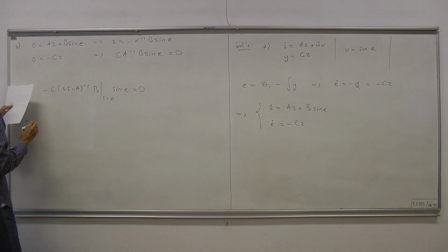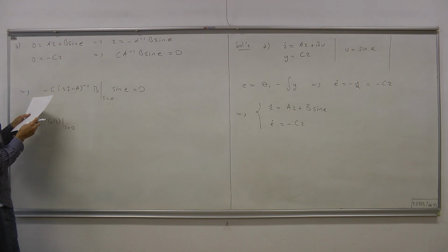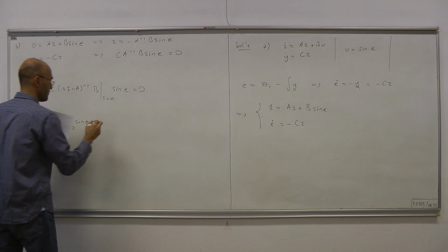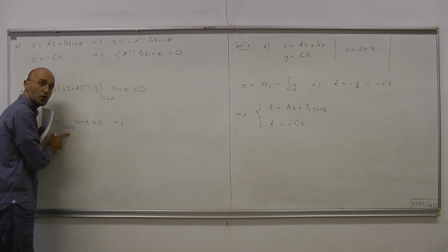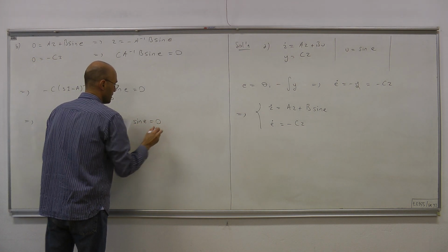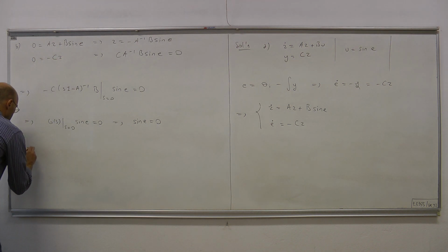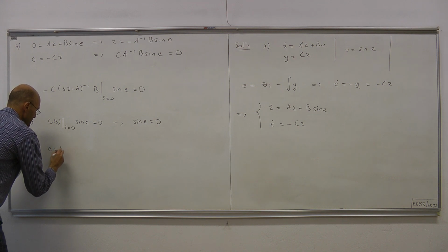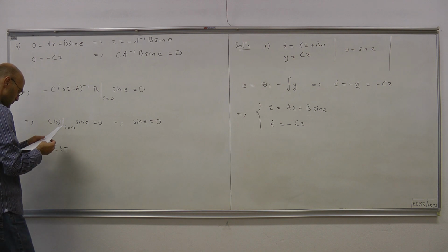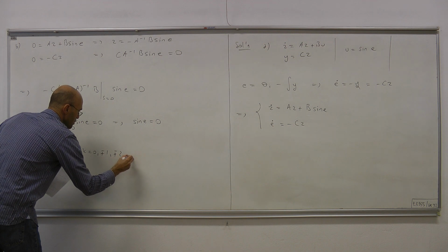So from here, we write G of s at s equals 0 times sine E equals 0. And G of s at s equals 0 is non-zero, therefore sine E must equal 0. And that means E must be an integral multiple of pi radians, k equals 0, plus minus 1, plus minus 2, and so on.